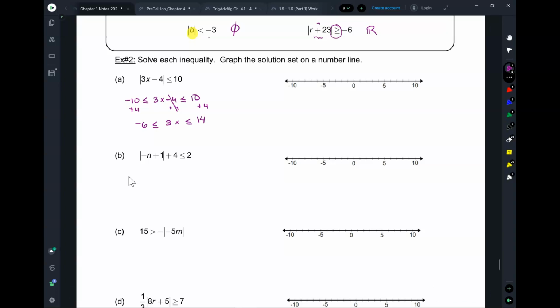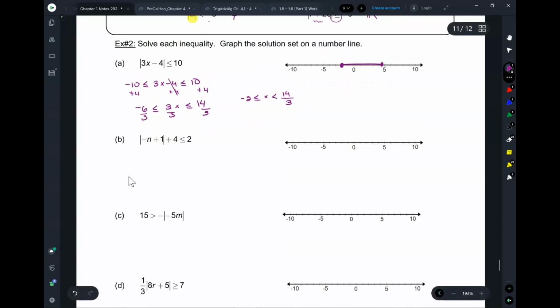Divide by 3. I get negative 2 less than or equal to x less than or equal to 14 over 3. So I go from negative 2 to 14 over 3. That's between 4 and 5. And I have a dash, I connect those two.